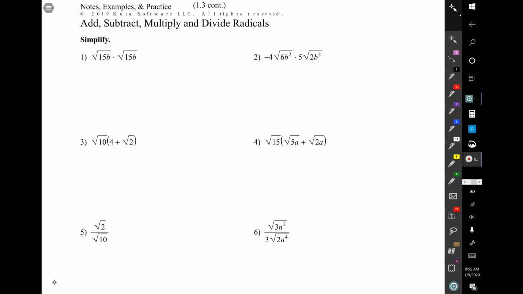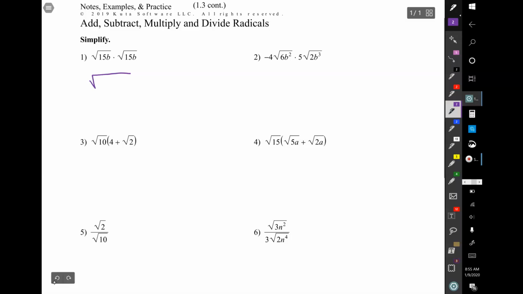So we want to do some operations with radicals. If we are multiplying radicals, then we basically just keep the radicands underneath there and multiply them out. We don't need to have like radicands. So this one is square root of 15b times square root of 15b. You can probably guess that's going to be 15b.